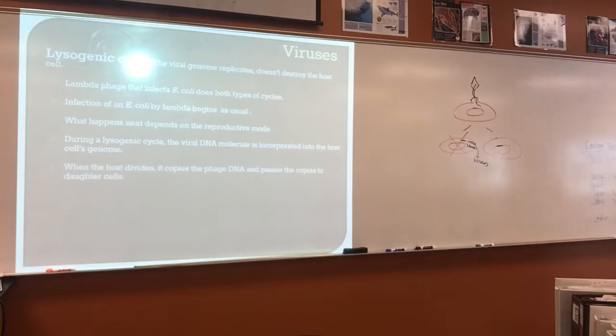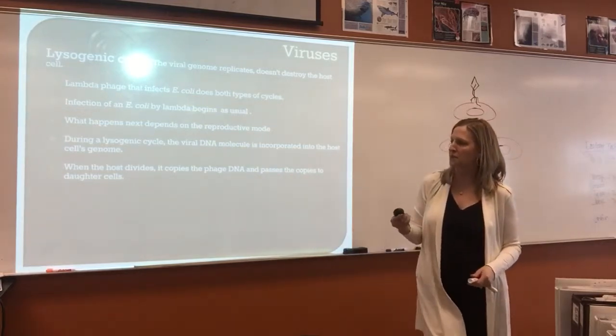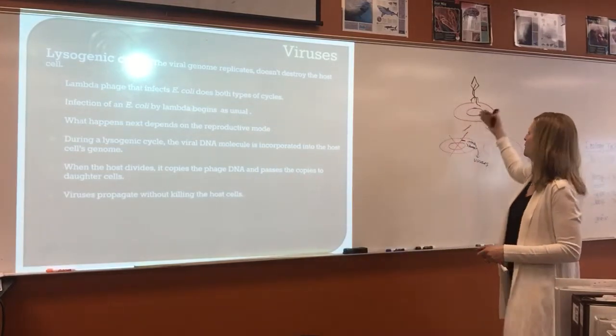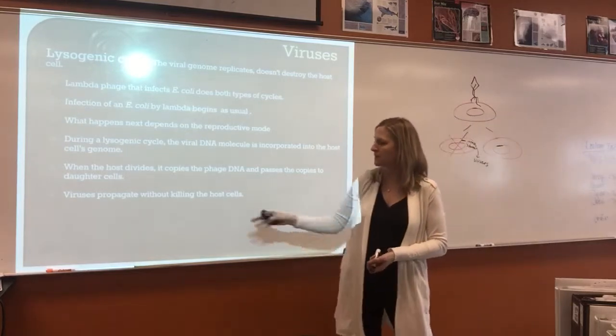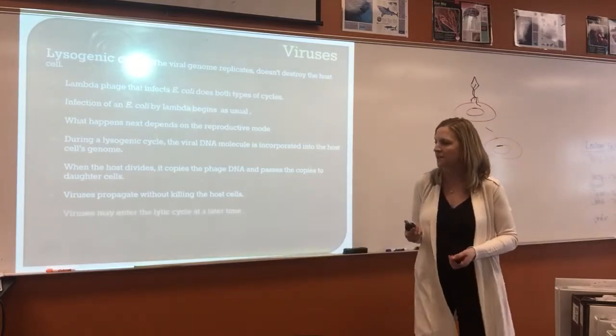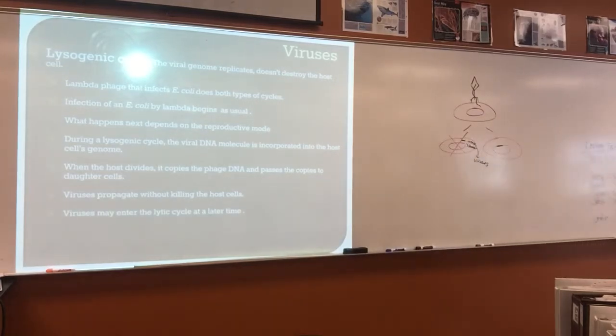So when the host cell divides, it copies the phage DNA and passes the copies to its daughter cells. And so therefore these viruses propagate or kind of divide and make copies of their DNA without killing the host cell. And as I said, then they can trigger and enter the lytic cycle at a later time.